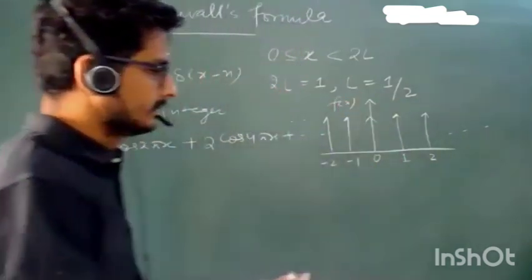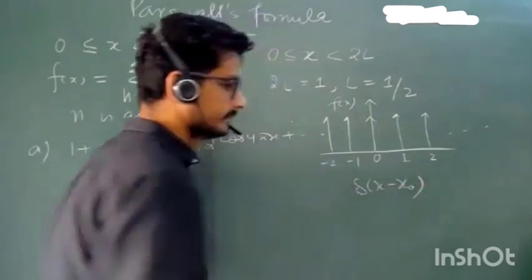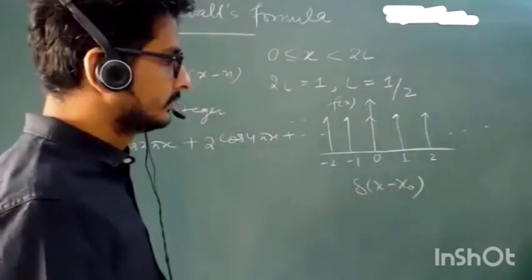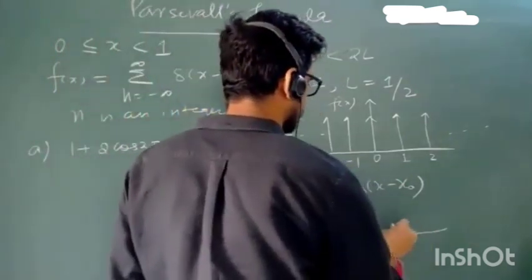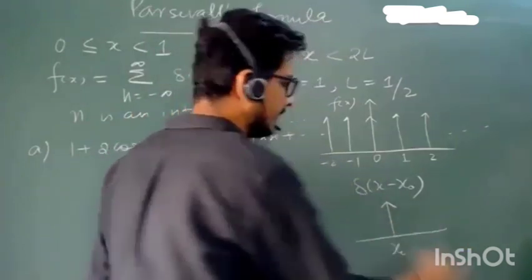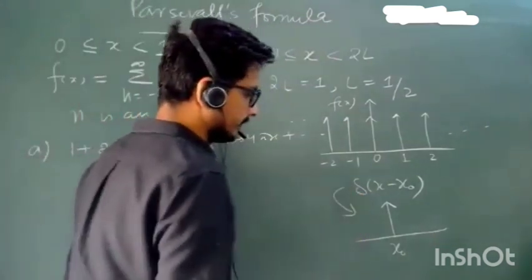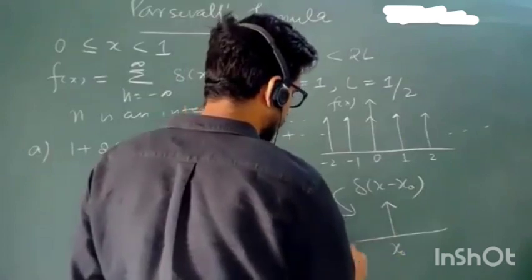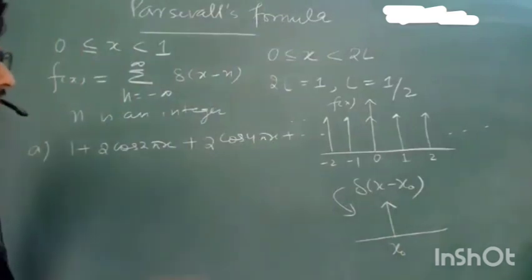I mean, just you don't know what is this delta of x minus x naught. At x naught, the delta function has no maximum as such, there is only a single value. It is present at x naught and absent at all other points. Okay, this is the meaning of the delta function. And also if you take the integral, now they are giving a Fourier question, but here the delta function has to be explained. Anyway, never mind.